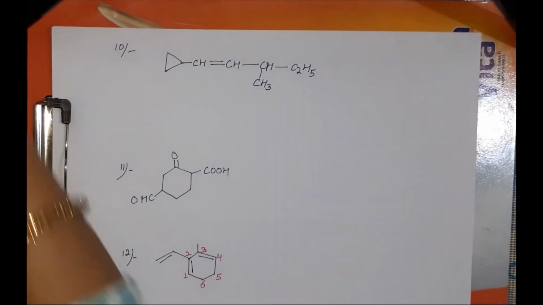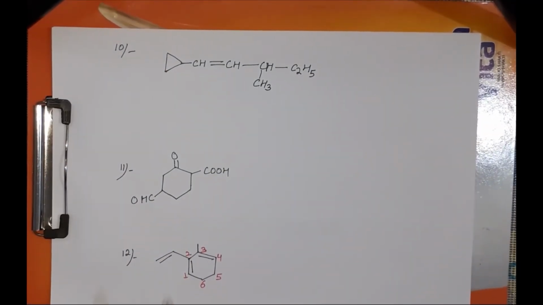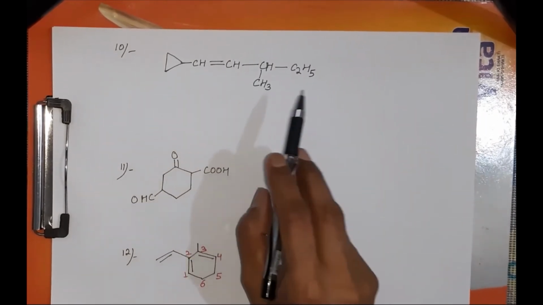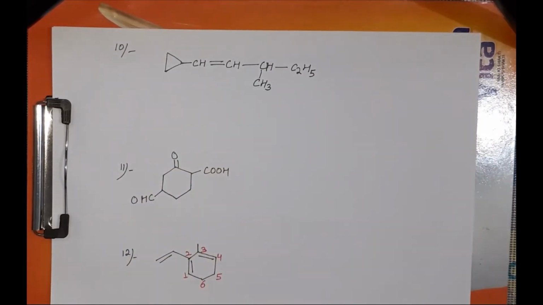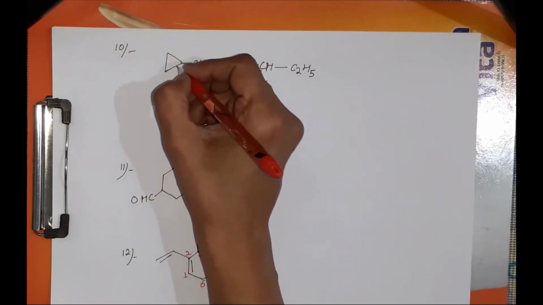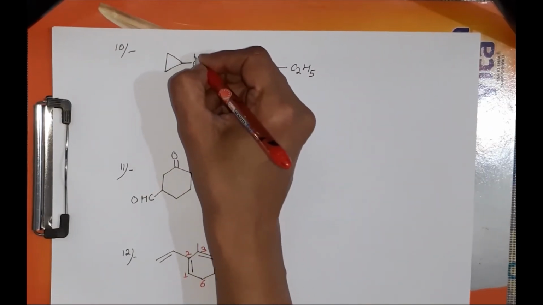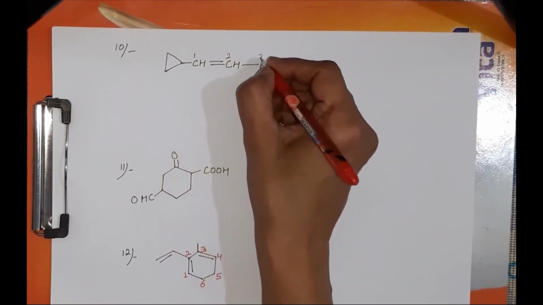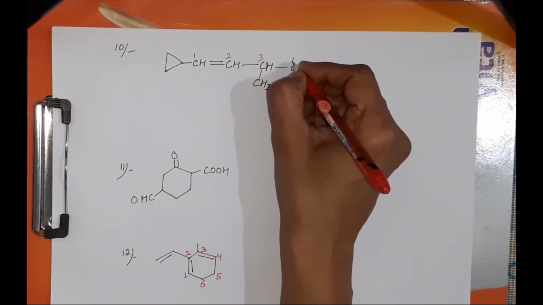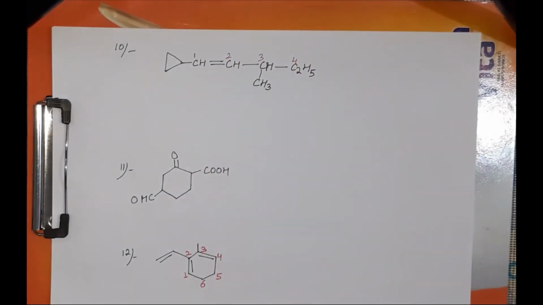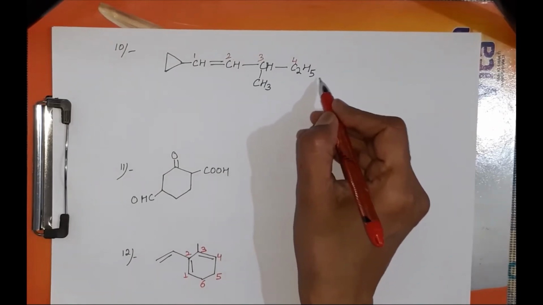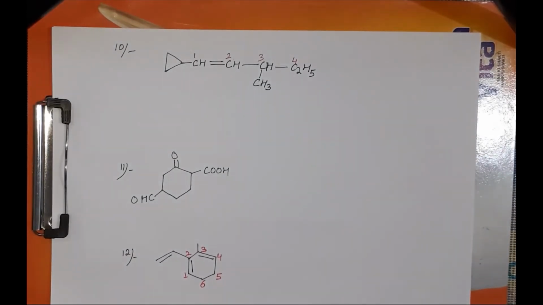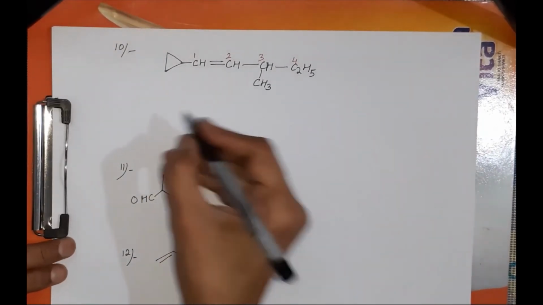So now coming on to the next example. Here, first let us do the numbering. Numbering will be done from left to right: 1, 2, 3, 4. First, because here it is written C2H5, we can write it in this way also.